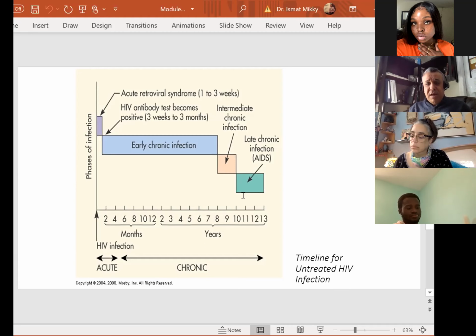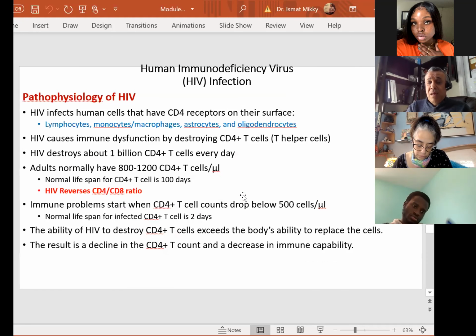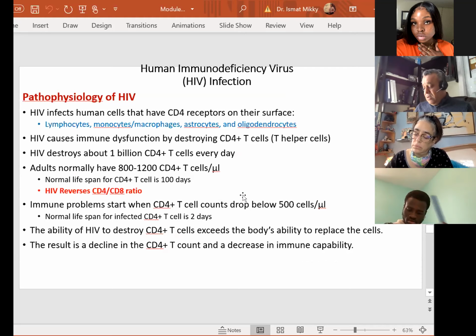Acute versus chronic. And the key for the management of HIV/AIDS is the compliance with ART meds, antiretroviral meds, and I would say a good number of patients are non-compliant for many reasons.